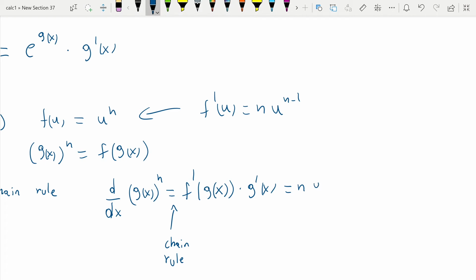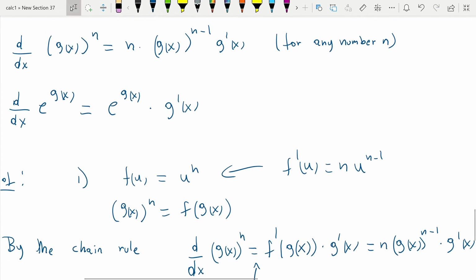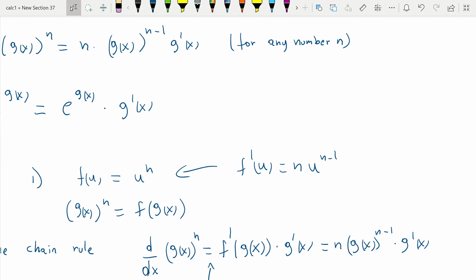What's inside here is g of x, so g of x to the n minus 1. And we multiply by g prime of x, which is exactly what we wanted to show. This is what the rule says, so we're in complete agreement with it. If you look at this expression and that one, they are the same thing.